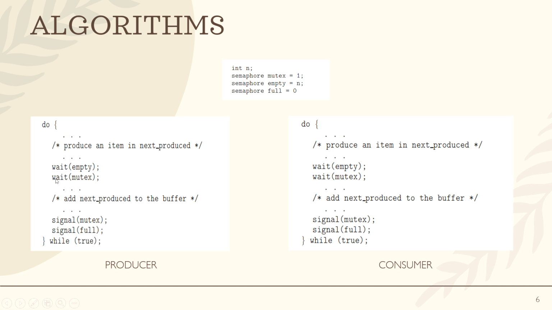So here, as the producer has already called the wait function, the value of mutex is decremented by 1, that is, it is set to 0. So it can't access the shared buffer. It must wait till the producer calls the signal of mutex, so that the mutex is again incremented to 1. That way mutual exclusion is achieved in this process. So that's it. Thank you.